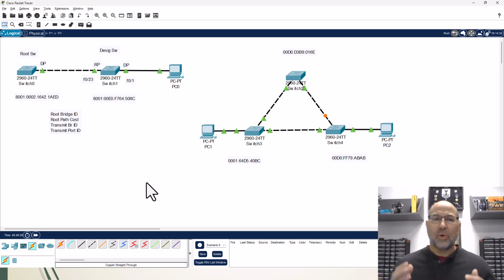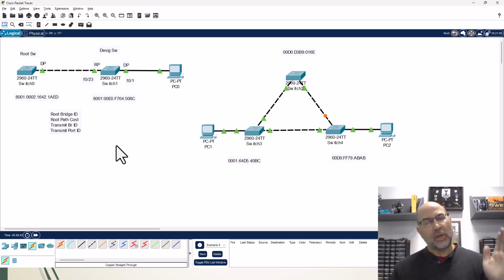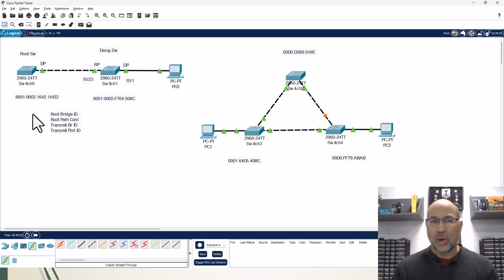Now, how would we figure out which switch should be the root? Well, we go by the MAC address and the priority, but the priorities are the same. So if the priorities are equal, we just keep going and we try to find the lowest number. So 0002, 00E0. Oh, 0002 is lower.